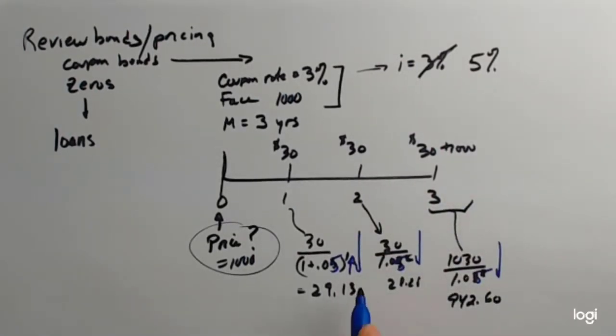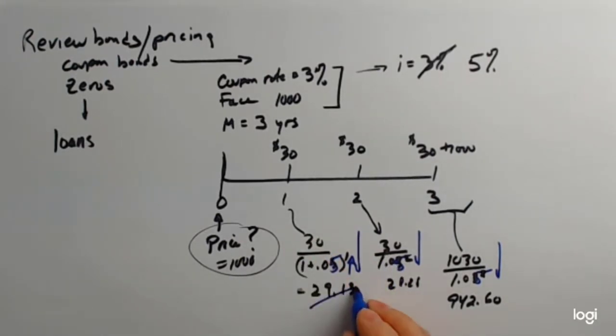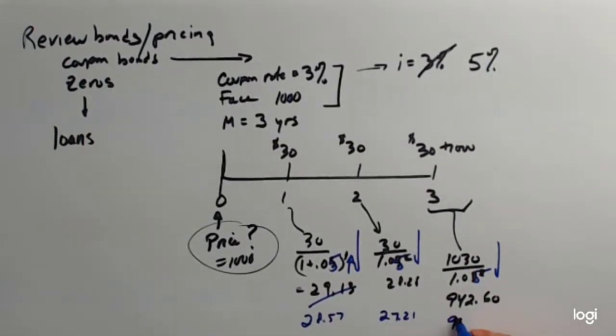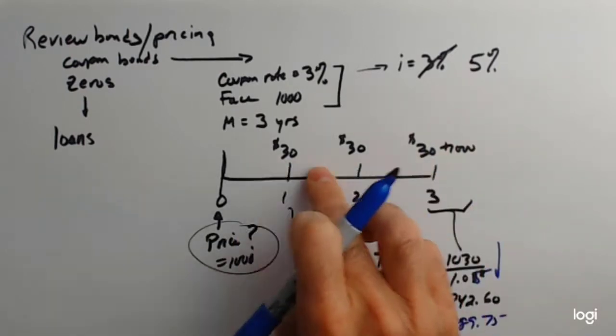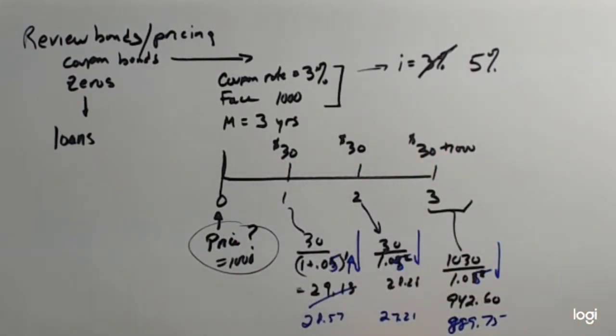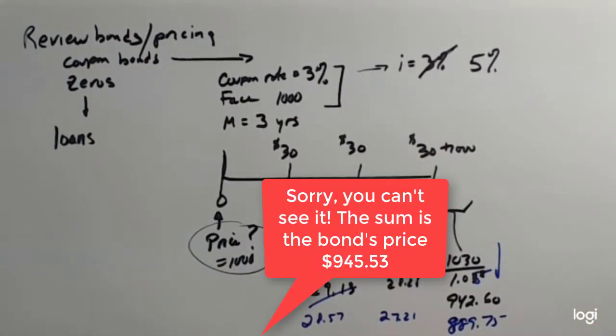And what that means is this amount will now be 28.57, this will be 27.21, and this will be 889.75. And the sum of these is the price of the bond, the value of the bond, given interest rates are 5% now, and this coupon bond is 3%. The bond throws off 3%. Then this comes out to be 945.53.